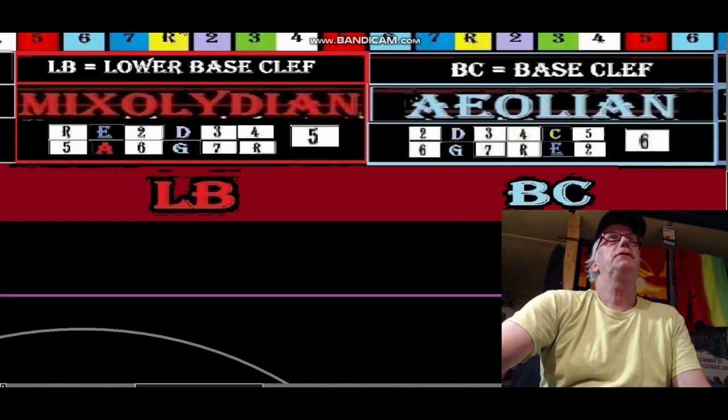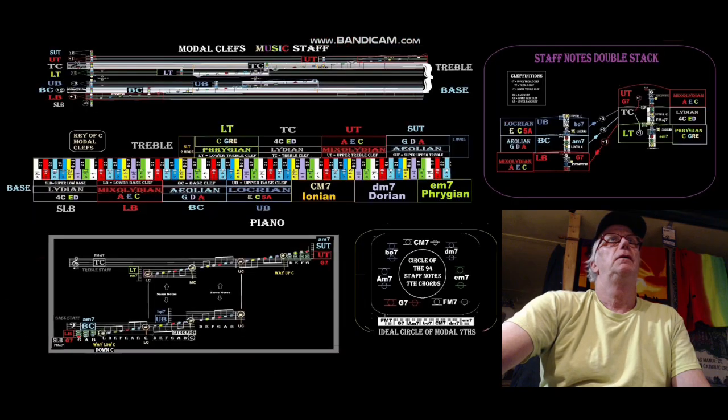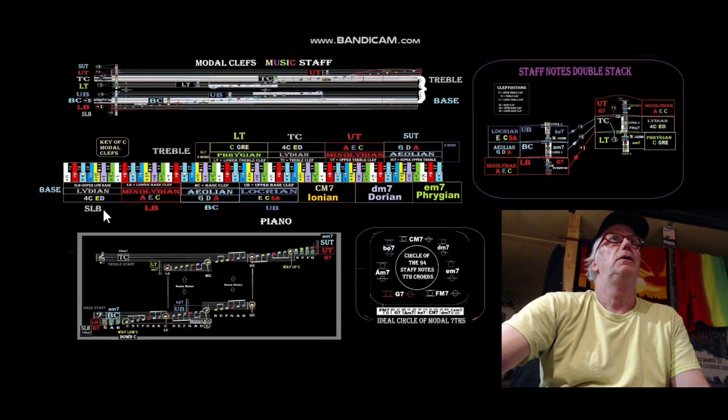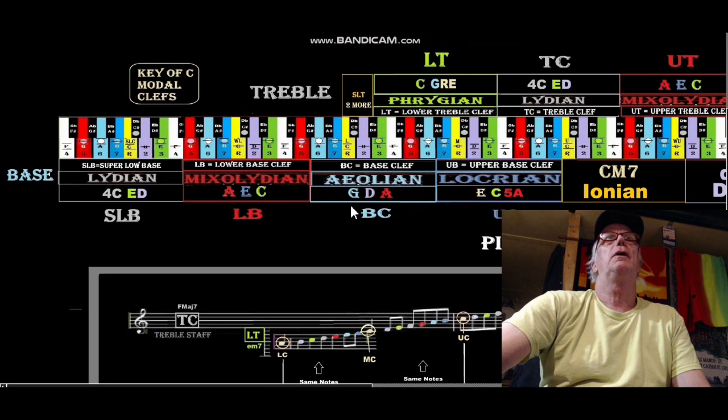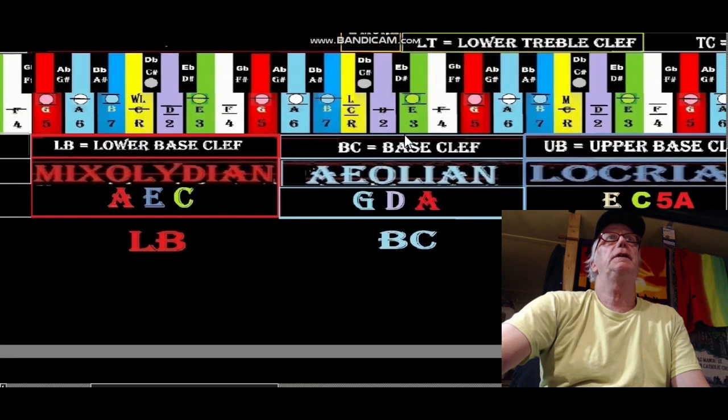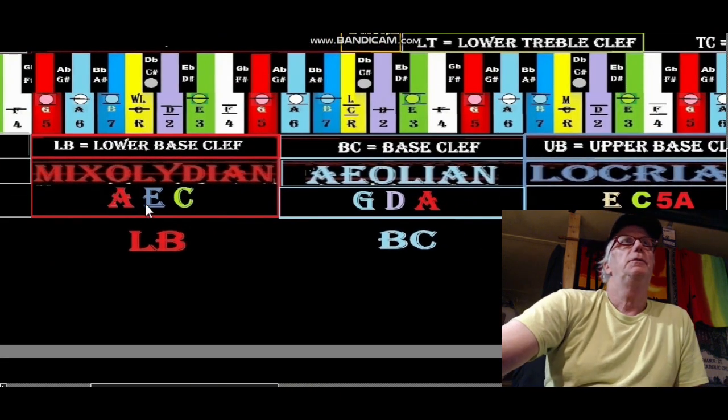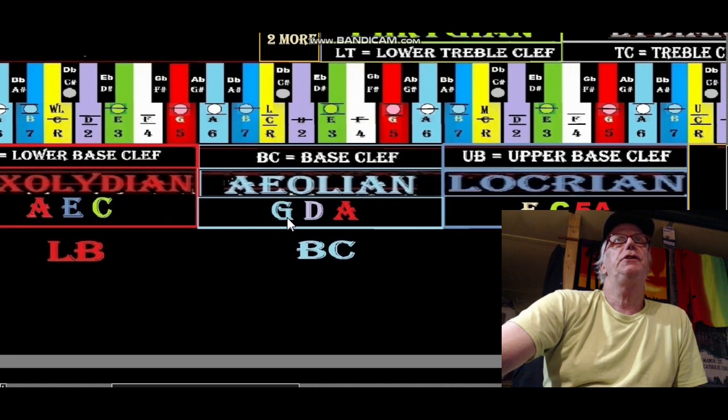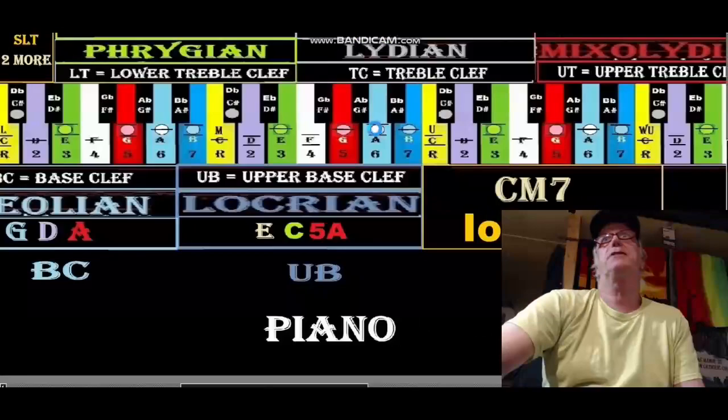Let's look at the other chart now. So our Mixolydian and our Aeolian here in this one was A, E, C. So over here we had G, D, and A. 6/7 root for G, 2/3/4 for D, and A 5/6.